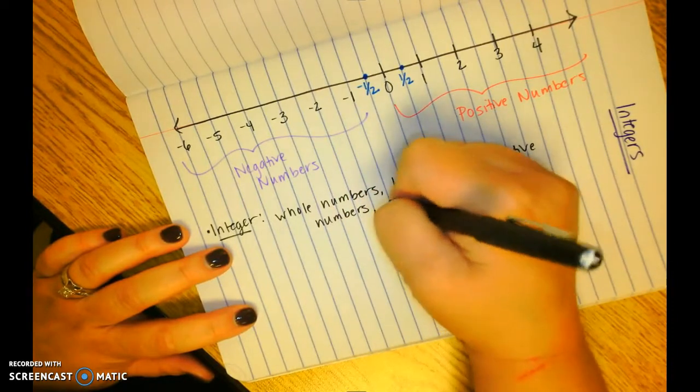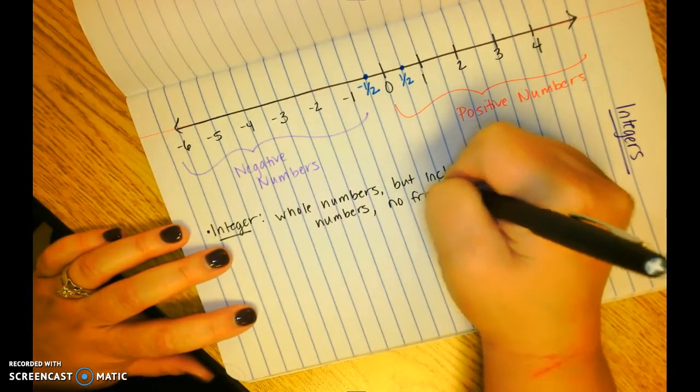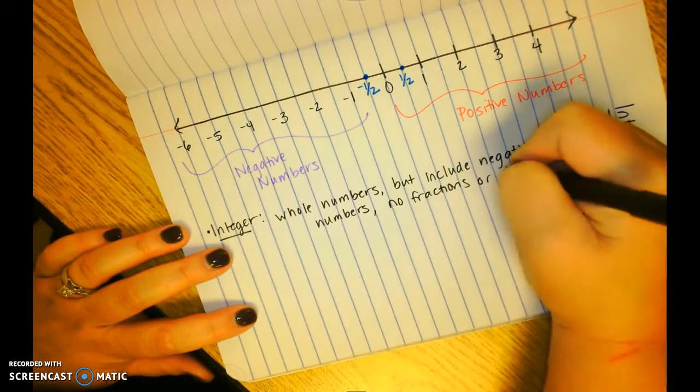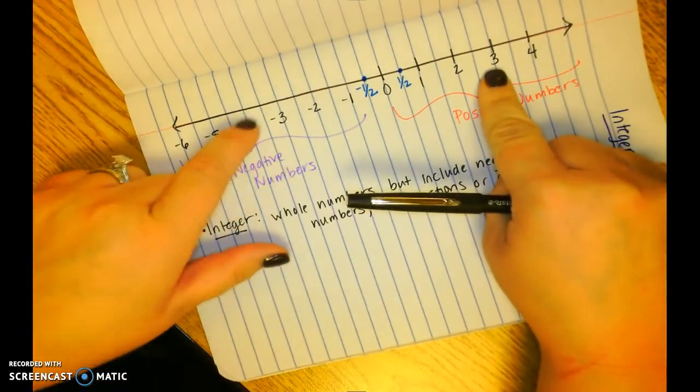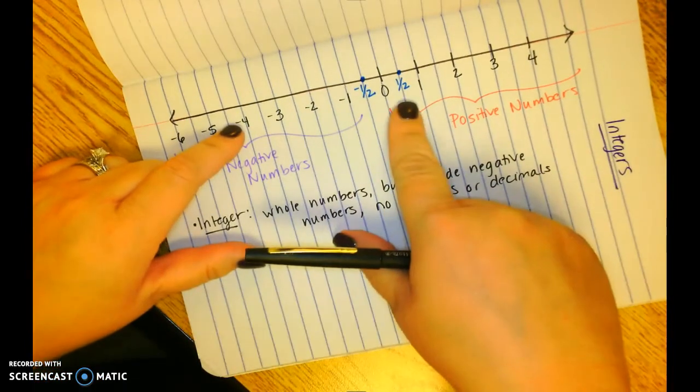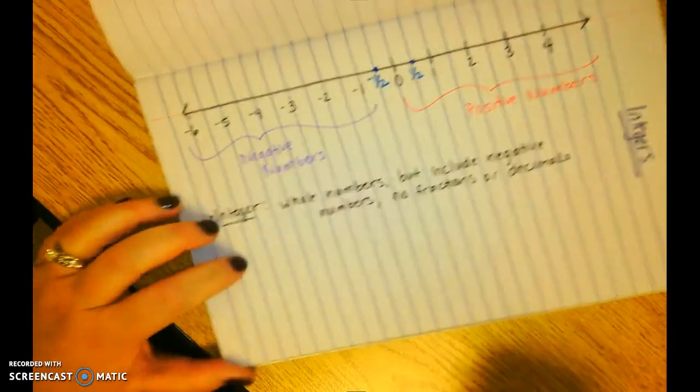However, no fractions or decimals. So 3 would be an integer. -4 would be an integer. 1/2 would not be an integer because it's a fraction.